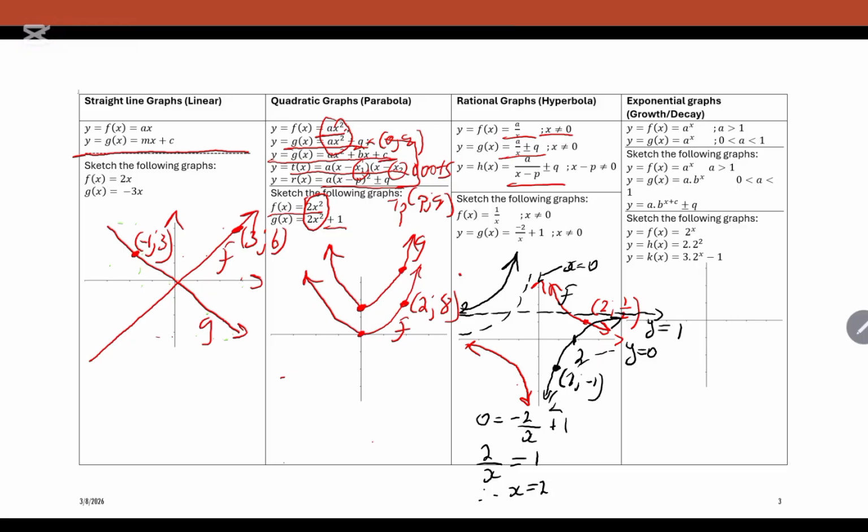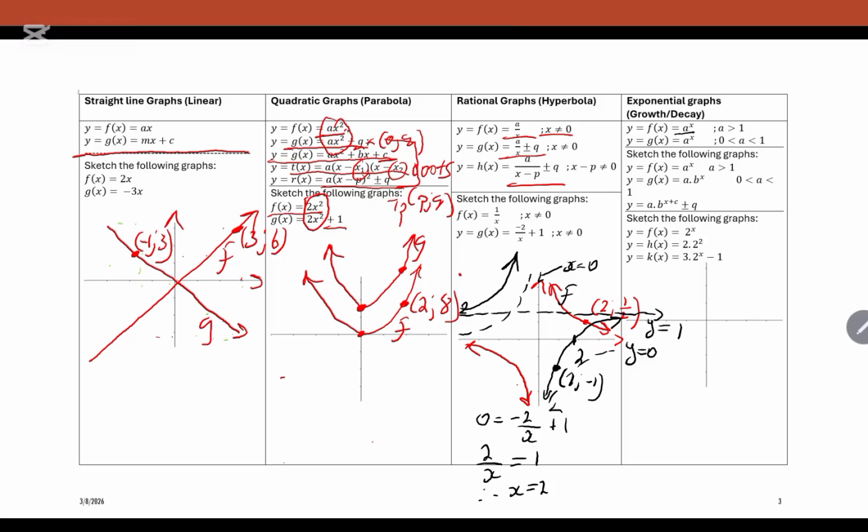Now, let us go and look at the last column. The last column has the graphs of the exponential functions. The standard form that is given there is a to the exponent x. We say when a is greater than 1, we have a growth function.